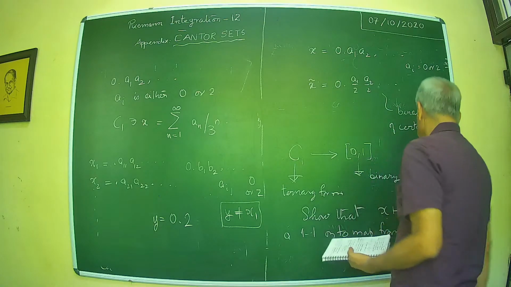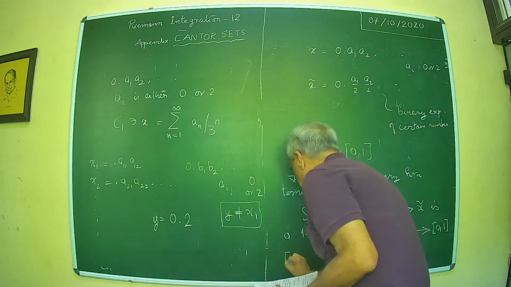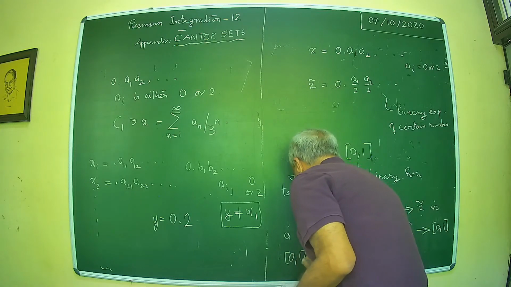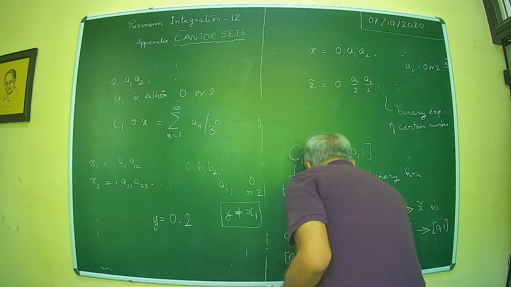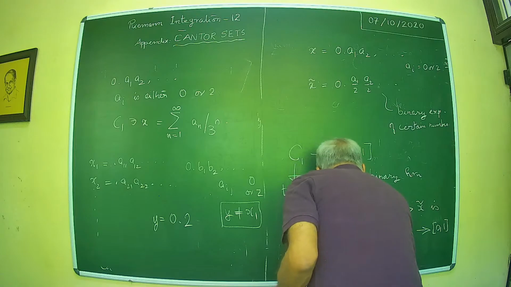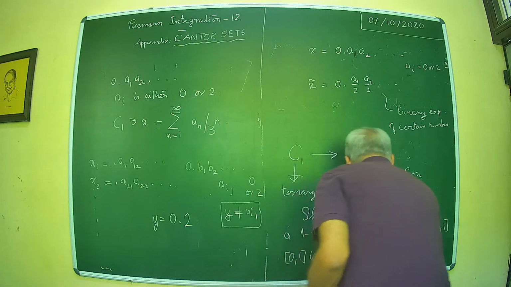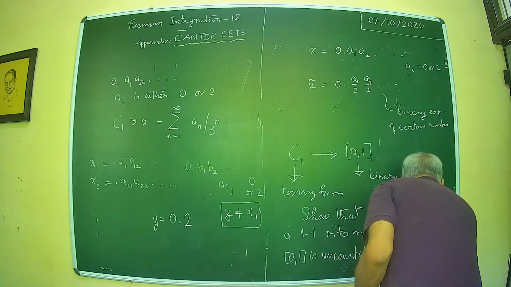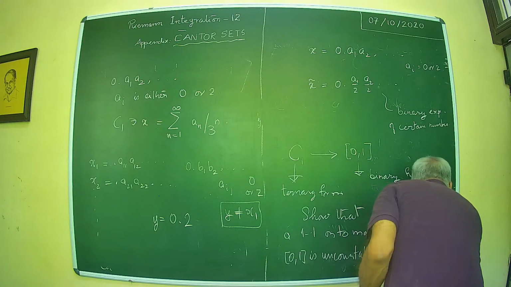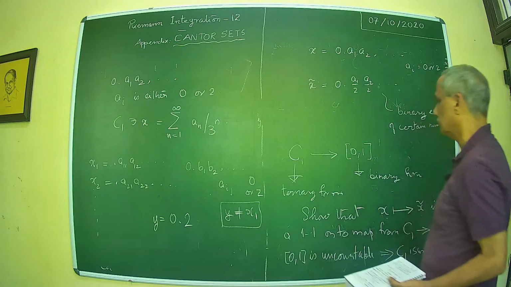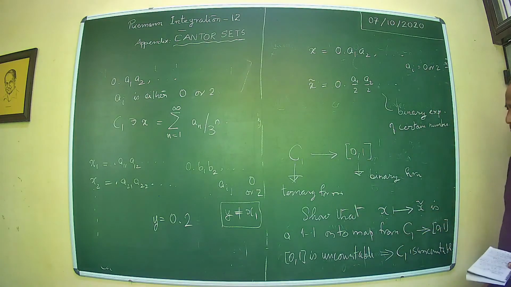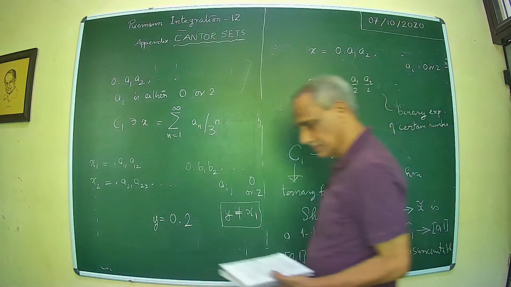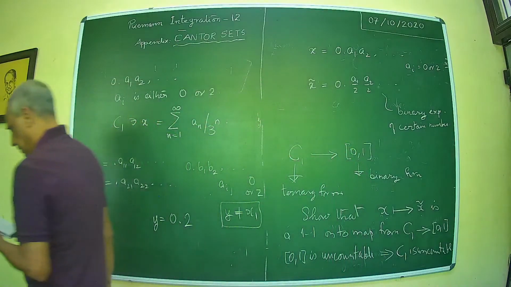Now you know that the interval 0, 1 is uncountable, which implies C1 is uncountable. You need to fill in the gaps, but this is eventually what you get.